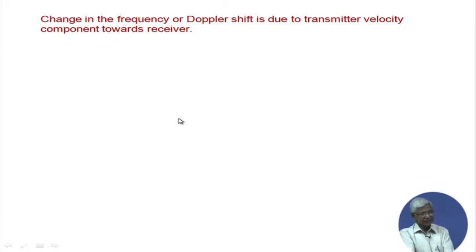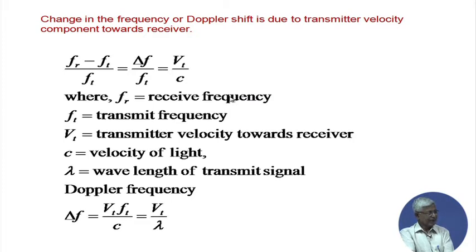There is another phenomenon which is called the frequency or Doppler shift, that is due to the transmitter velocity component towards the receiver. All of us know that it is the difference of the frequency, that is the change in frequency, delta f, by the transmit frequency is the transmitter velocity towards the receiver by the velocity of light.